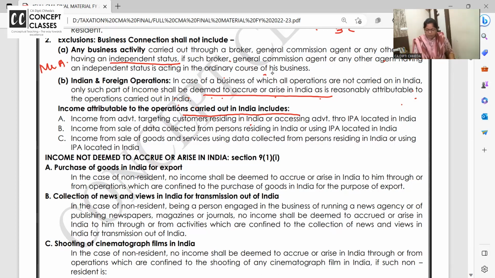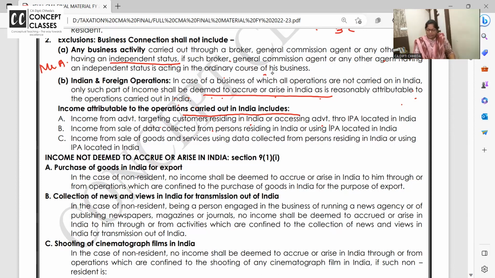So on whatever operations you have earned income in India, on that much only you have to pay tax in India. Let us see what that is. Income from advertisement targeting customers residing in India, or accessing advertisement through an IP address located in India.